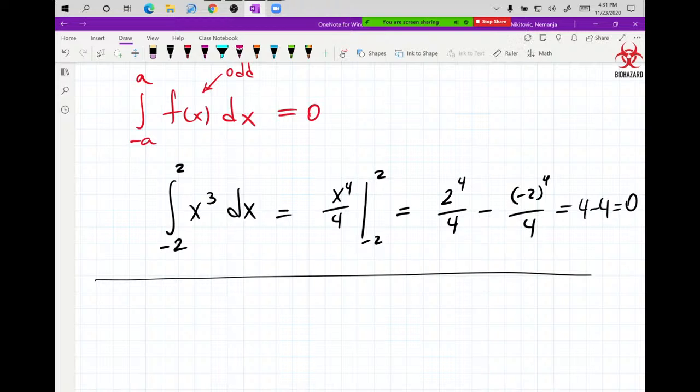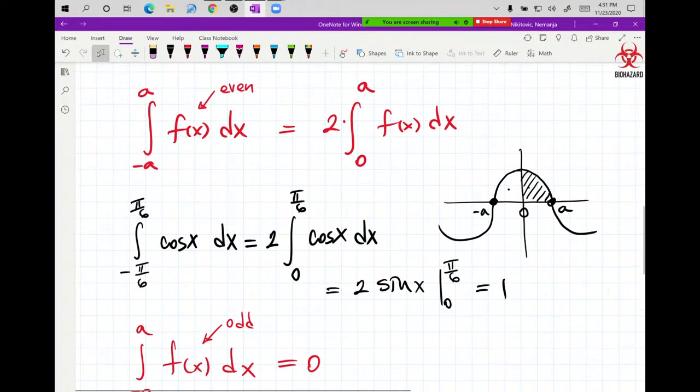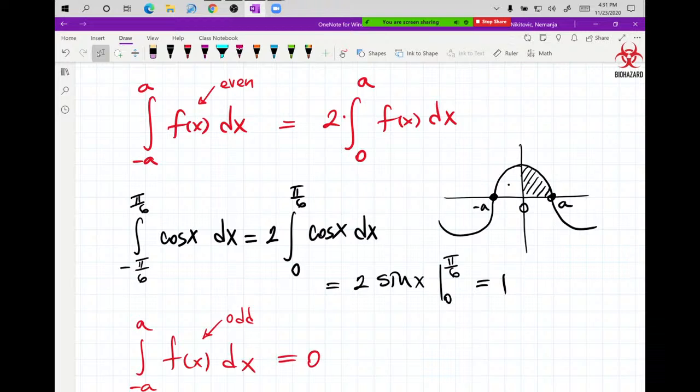Now, obviously, these formulas apply in a very, very narrow number of problems. It's not just enough to have an even or odd function, but you also have to have a symmetric interval, and that's a problem, right? So these formulas are not going to work if your interval is negative 1 to 3, because it's not negative 1 to 1 or negative 3 to 3, right?